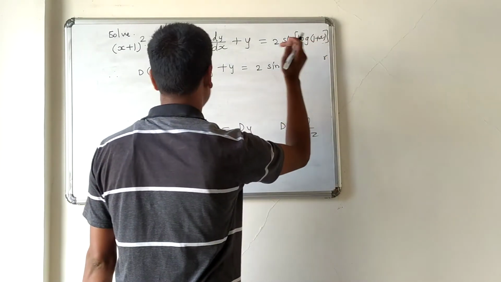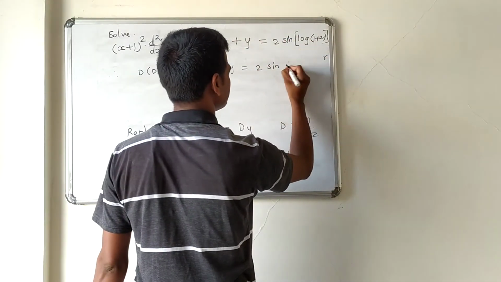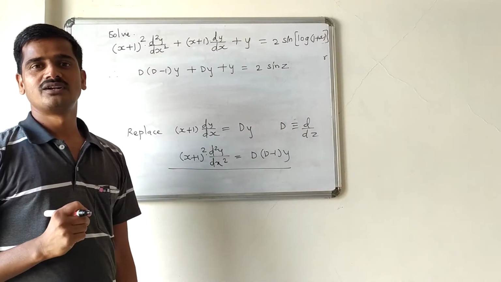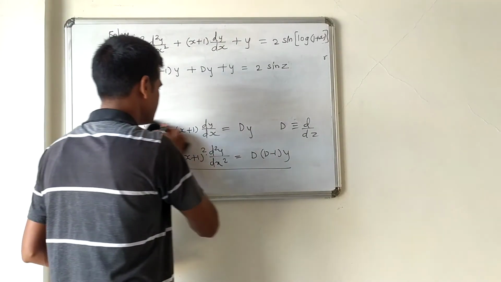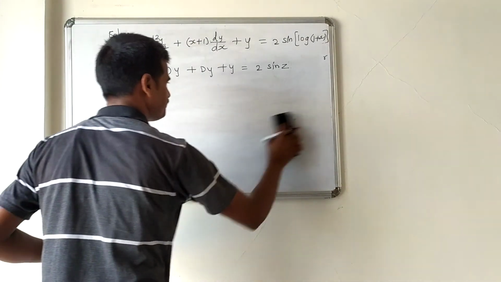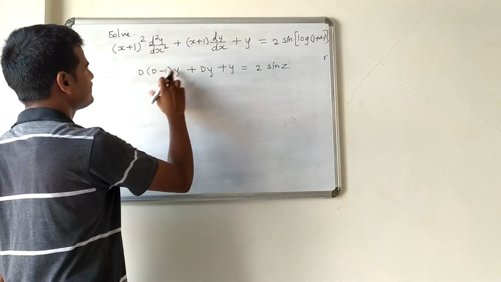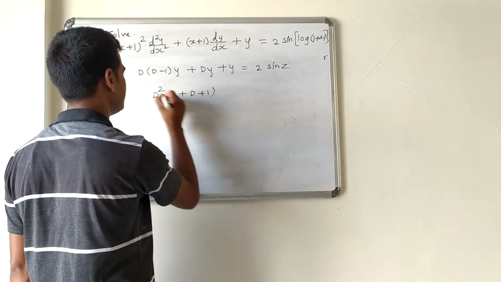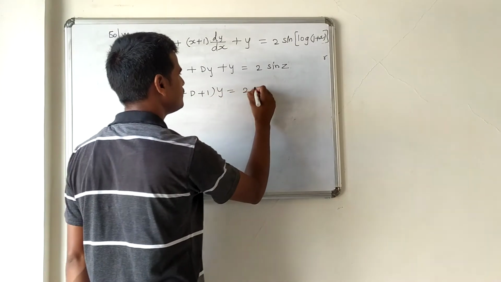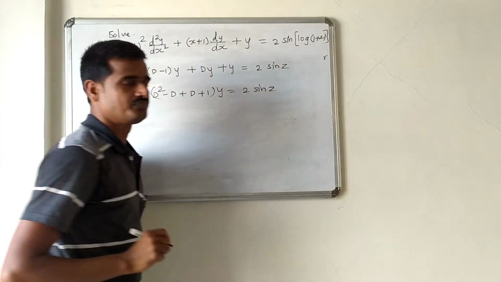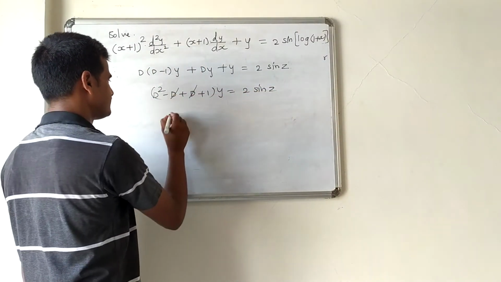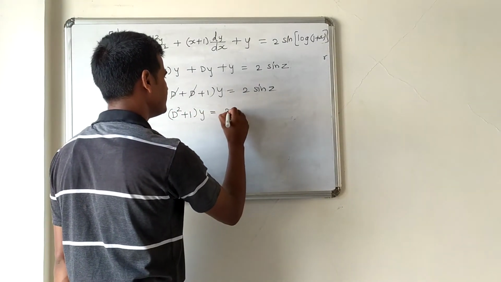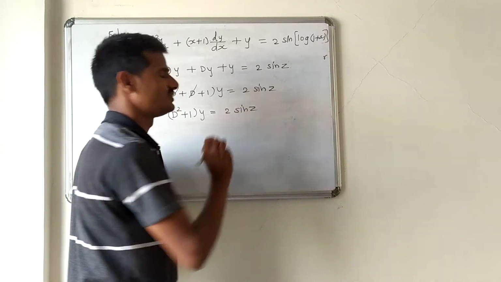So log of 1 plus x is z, because we have said that x plus 1 is equal to e to the power z. Now this will be (D square minus D plus D plus 1) into y is equal to 2 sine z. So cancel this. What remains? (D square plus 1) into y is equal to 2 sine z.